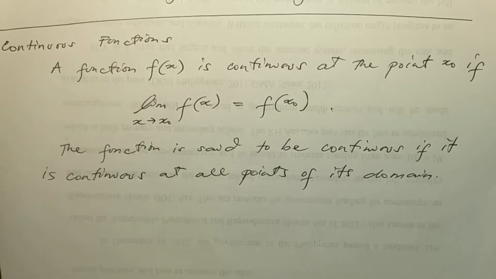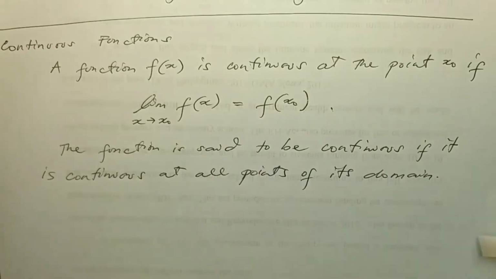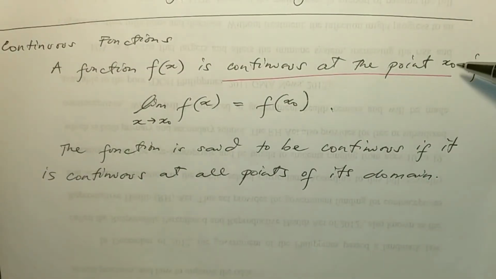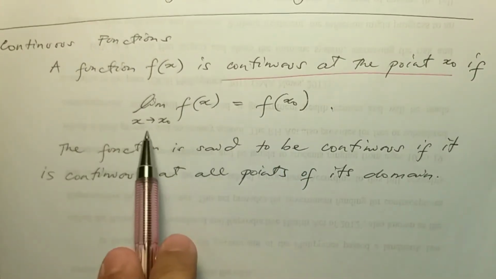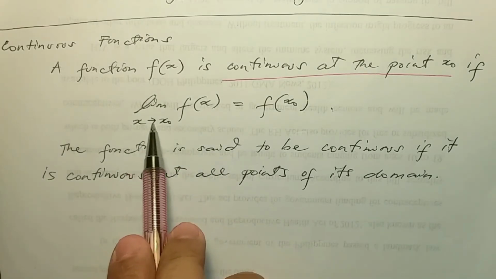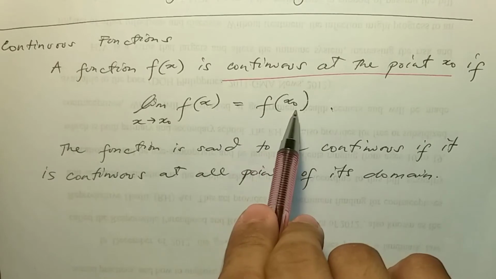Okay, so we can now continue our discussion by discussing continuous functions. So here's the definition of a continuous function. A function f of x is said to be continuous at the point x naught if we have this expression: if we take the limit of f of x as x approaches x naught equals f of x naught.